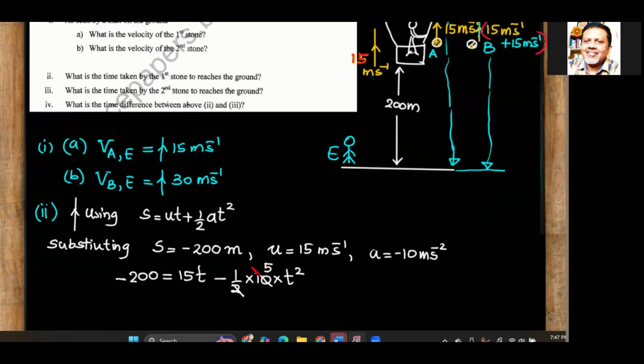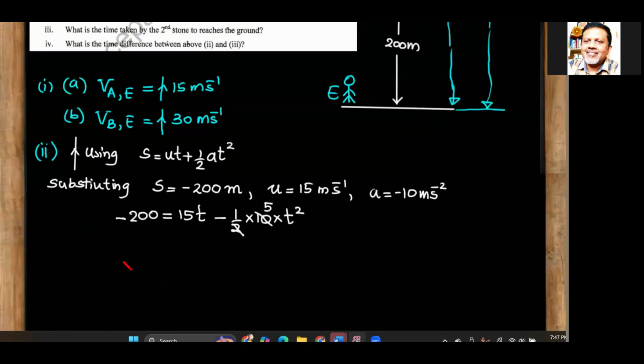Here we have 5t squared minus 15t minus 200. If you bring all the things to the left hand side, we can even divide the whole equation by 5, so that we have t squared minus 3t minus 40 equals 0.